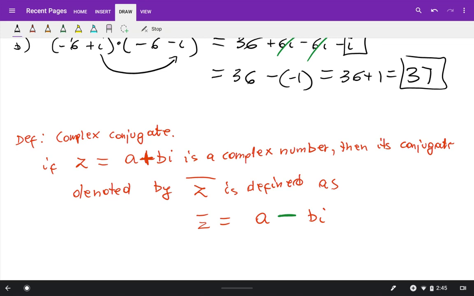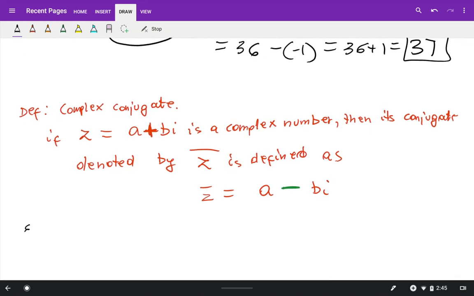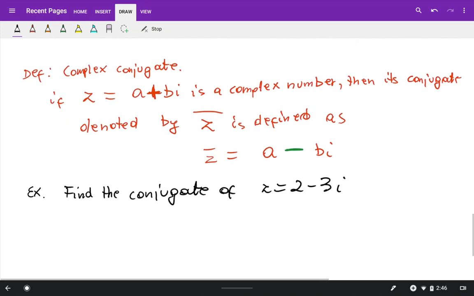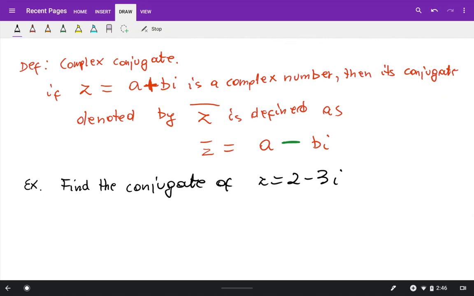So let me give you an example. Find the conjugate of z equal to 2 minus 3i. So the conjugate, z dash, you're just switching the operation in the middle to the opposite.